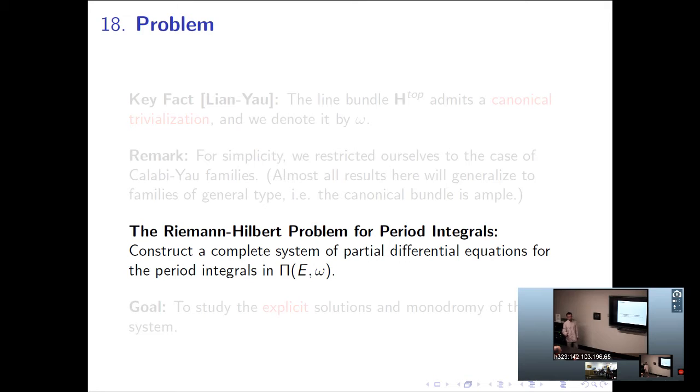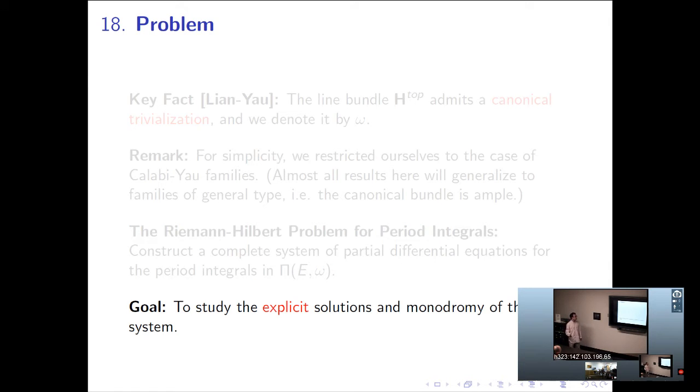And second, we hope to prove any local analytic solution to the equation are these pure integrals. Or to be a little bit more flexible, if there are other solutions, we need to understand precisely what those solutions are. And so the eventual goal is to study explicit solutions and also the monodromy of this local system.